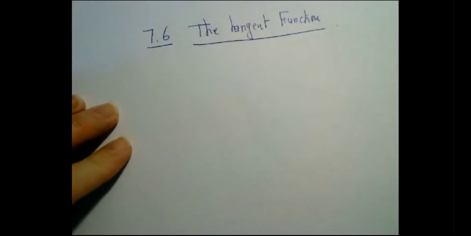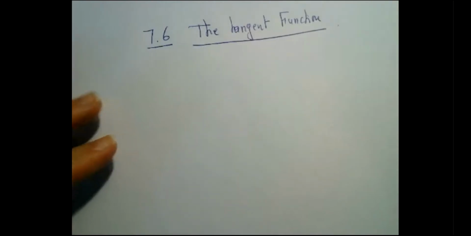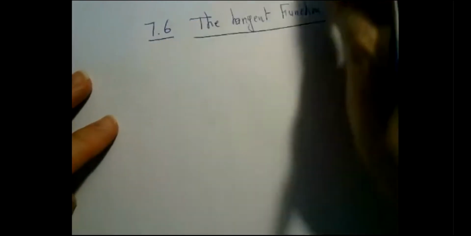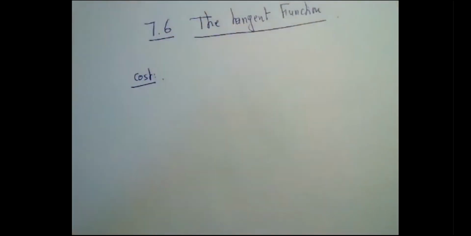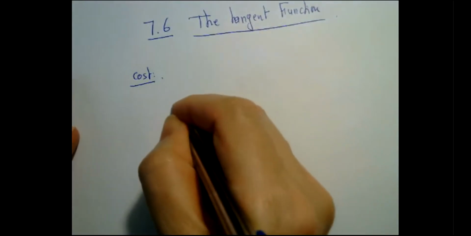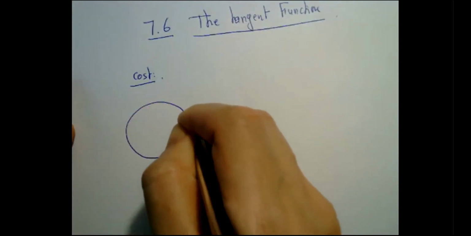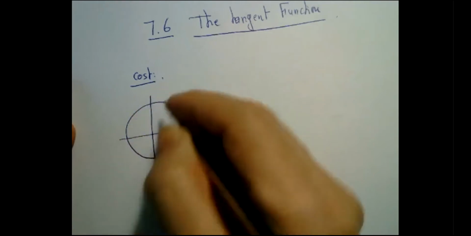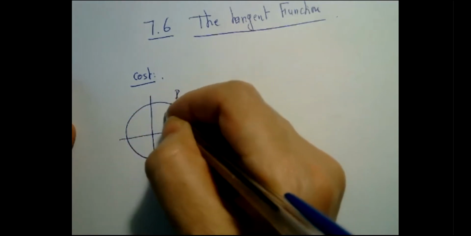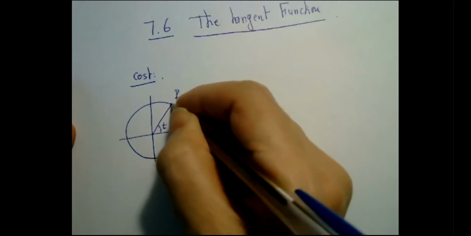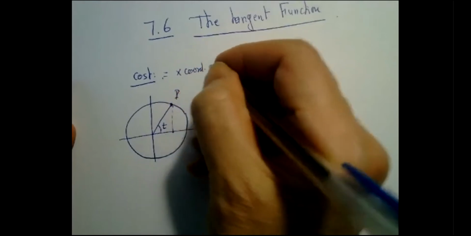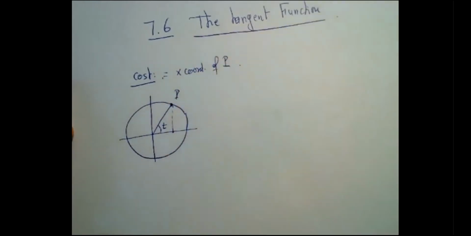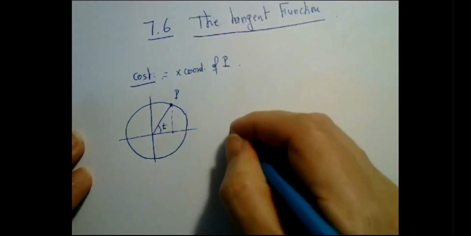Before I talk about the tangent, I want to talk a little bit more about the cosine. Graphically, what's the cosine? You start with the unit circle and take a point P. The angle is t, and the cosine is the x-coordinate of the point P. And we graphed it.